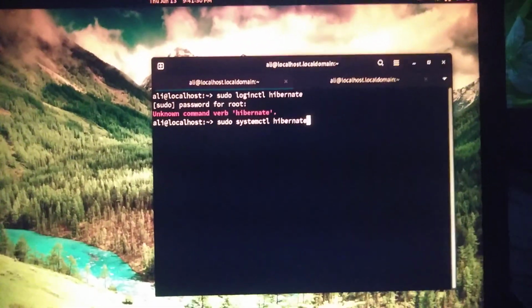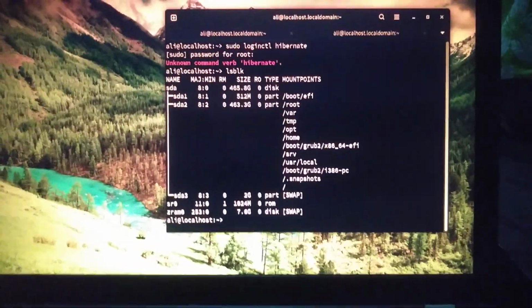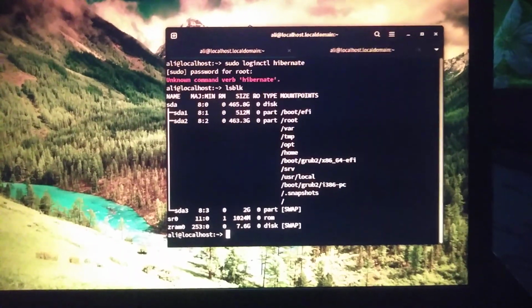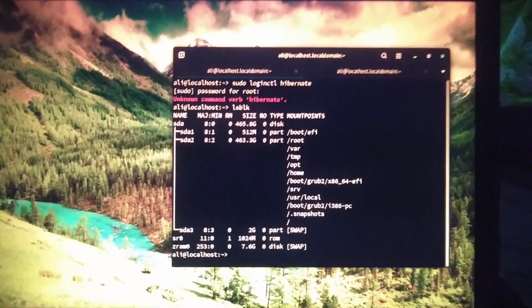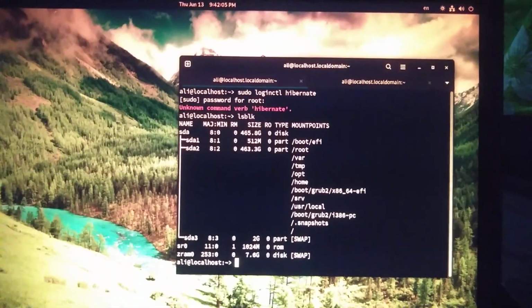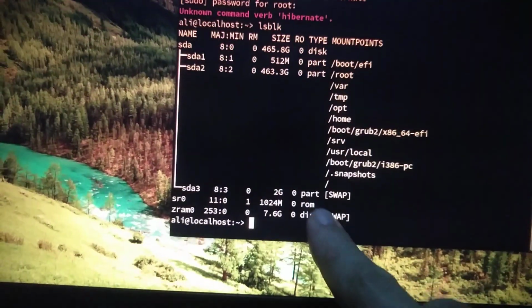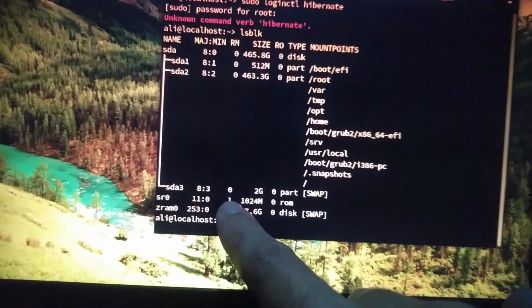Beforehand, let me show you the configuration, because hibernation requires having space on the hard drive in the form of swap or equivalent with the same size as the RAM. My RAM is about 8 gigabytes. I have here ZRAM and I have swap.